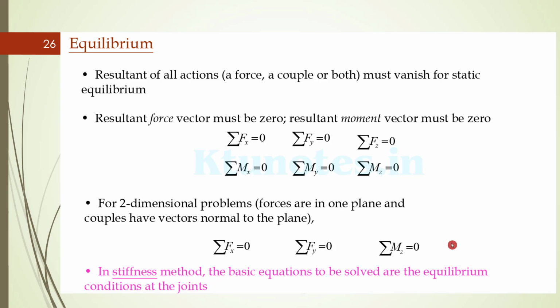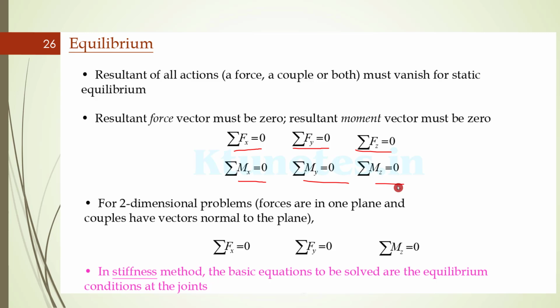These are the equilibrium equations. The resultant of all forces, a force, a couple or both, must vanish for static equilibrium. The resultant force must be 0: sigma Fx equals 0, sigma Fy equals 0, sigma Fz equals 0. These are the equilibrium equations for a space truss as well as for a space frame.